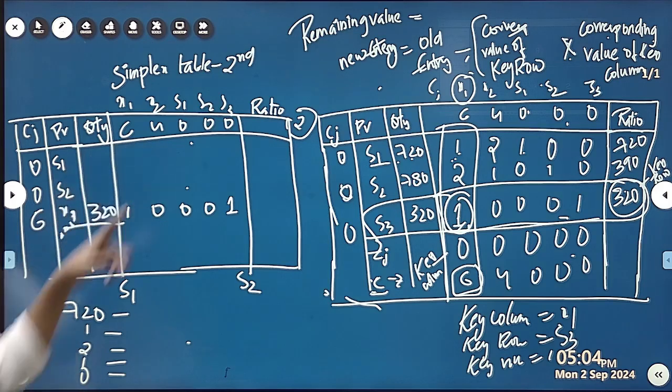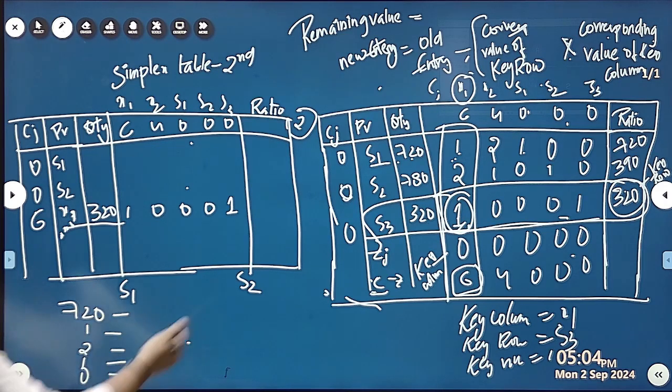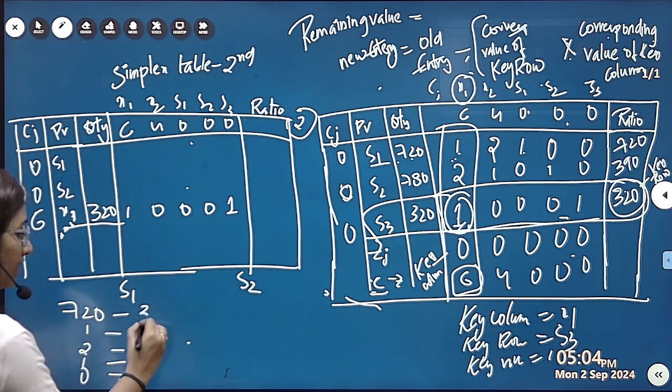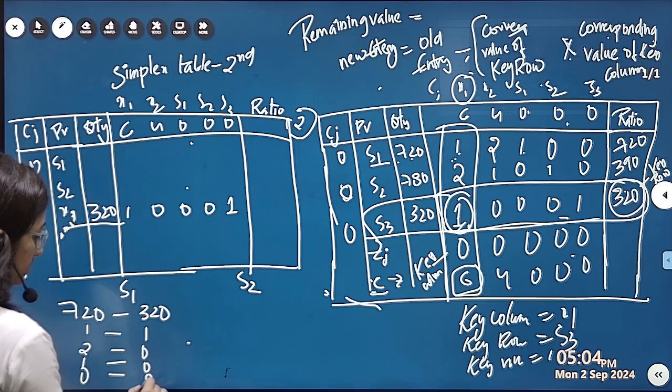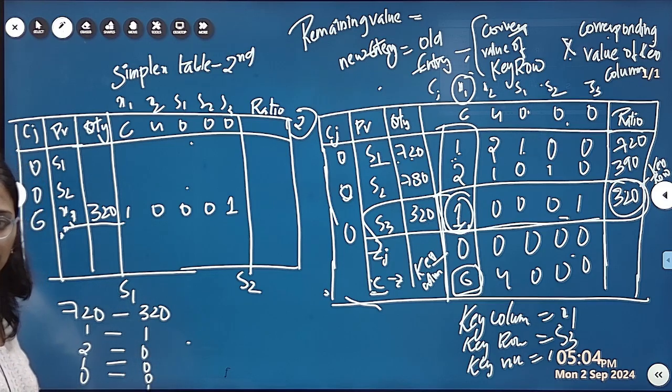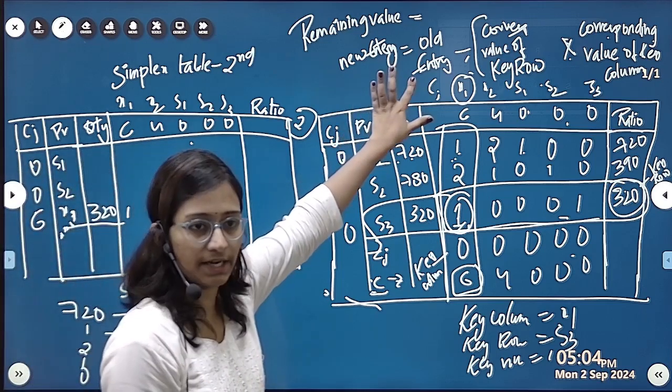What he is telling, we have done the old entries, right? What are the values of the key row, the corresponding values of key row? Tell me. 320, 1, 0, 0, 0 and 1. Okay, here we have written the old entries, right?